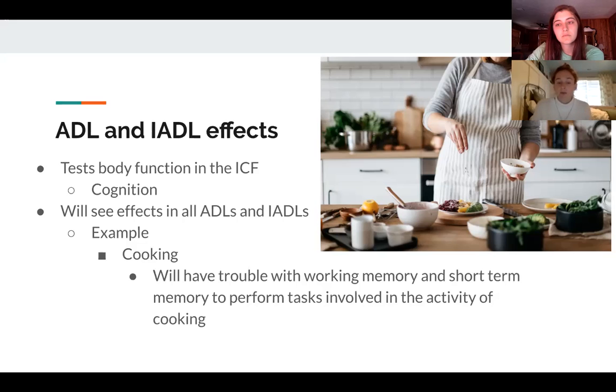And in memory, we have to recognize that we need to be able to order things step by step and remember those steps. Just an example of an IADL that we might do day by day is cooking. If you're cooking for yourself or for others and you can't remember the steps you need to perform to cook, you're going to have a really hard time making that food turn out the way you want.